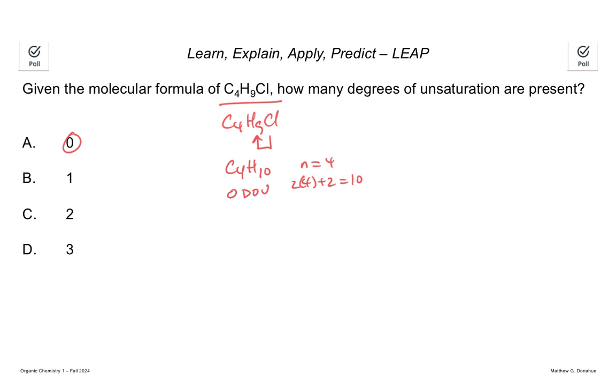So again, that's telling you something as well. There's no sp2 or sp hybridized carbons. There's the chlorine. So you're only going to see the CH signals in a certain region of the proton NMR. Like, for example, you're not going to see anything from 5 to 12 because there's no sp2 or sp hybridized carbons.